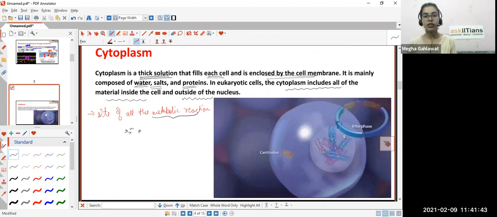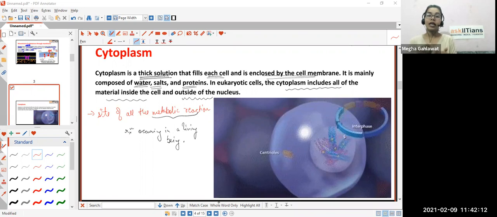So reactions occurring in a living being, for example the reactions going on in our body right now, are also called metabolic reactions. All the reactions occurring inside the cell occur inside the cytoplasm, and that is why cytoplasm is the site of metabolic processes or reactions, right?